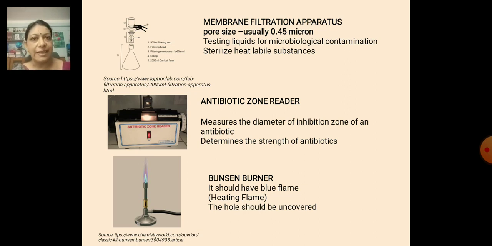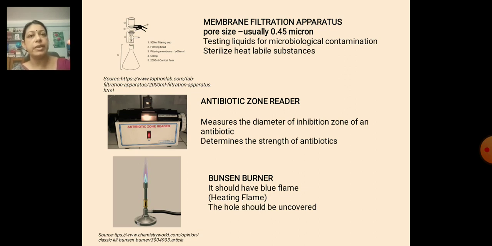Last but not the least, the most important of all the equipment is a Bunsen burner, because the Bunsen burner is required for heating each and every material of the equipment in the microbiology laboratory. For example, I was telling about the loop, the inoculating loop. Before we use it, and after we use it, we should heat it to red hot.